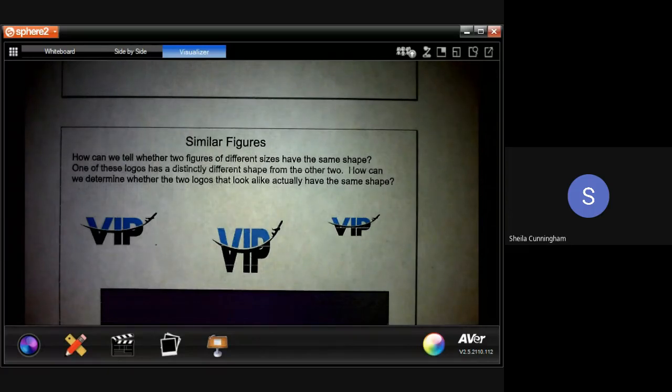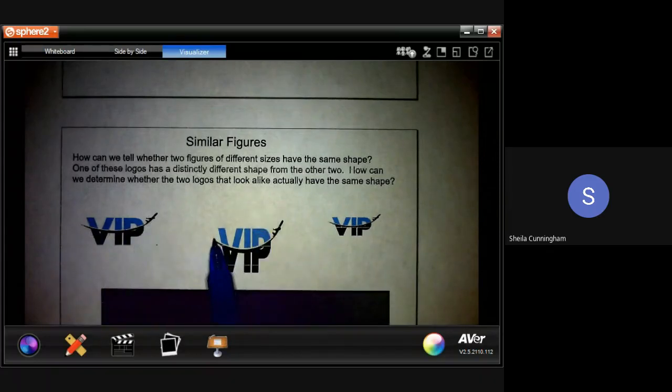So having said that, let's look at these three logos. We look at these three logos and we look to see, okay, which ones have the same type of shape to them? They all kind of look the same, but you got to look into the specifics a little bit more. Look very closely at them. I'm looking at this piece here. You see this swoop of this airplane that comes through? It's got kind of a shallow swoop here.